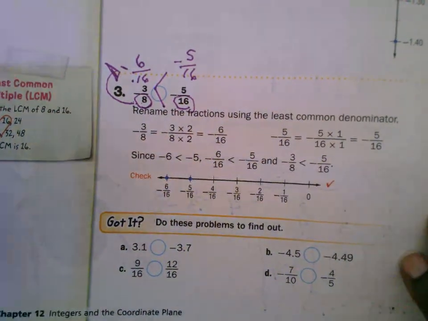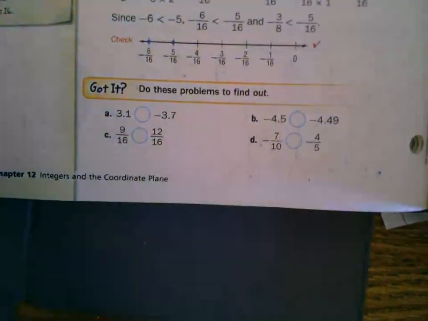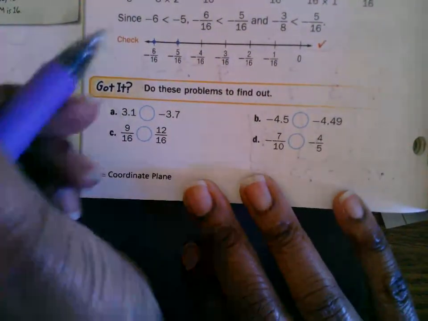All right. Quietly work your way through A through D and look up to check your work. Here we go.